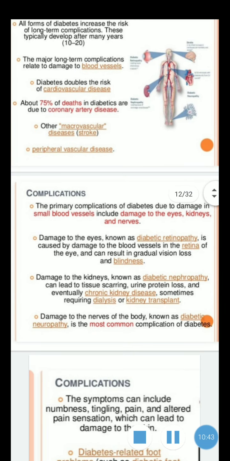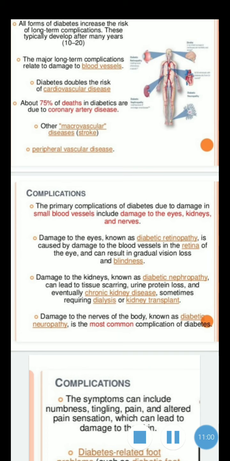Damage to the eye is known as diabetic retinopathy, and is caused by damage to the blood vessels in the retina of the eye and can result in gradual vision loss or blindness.